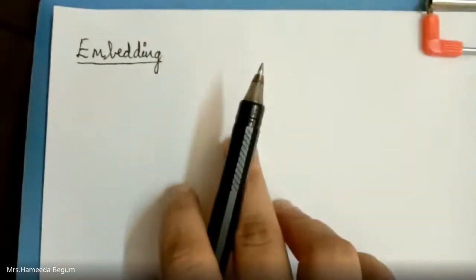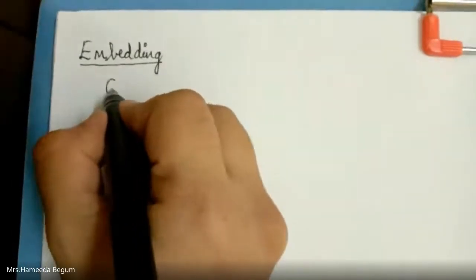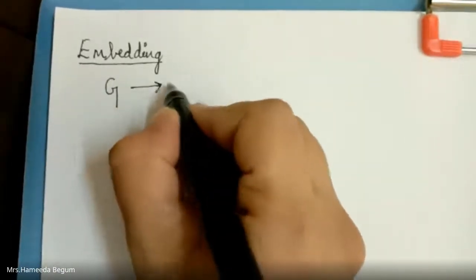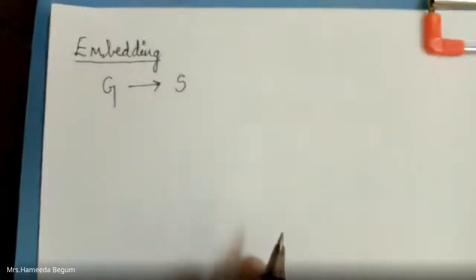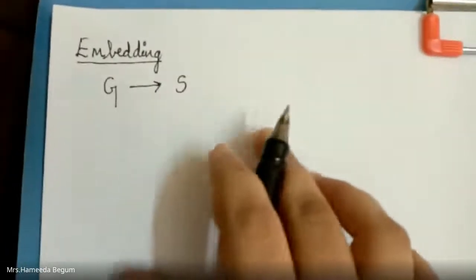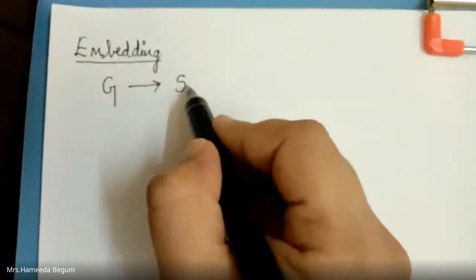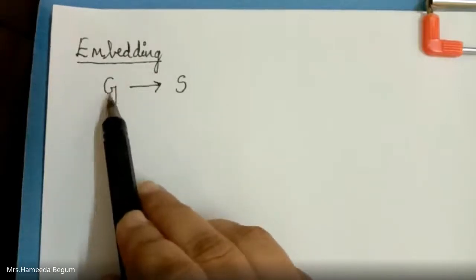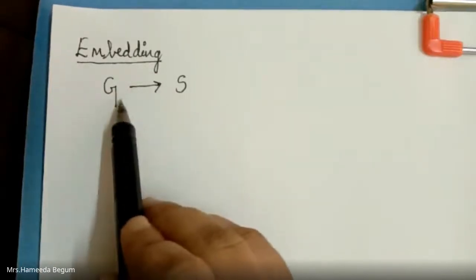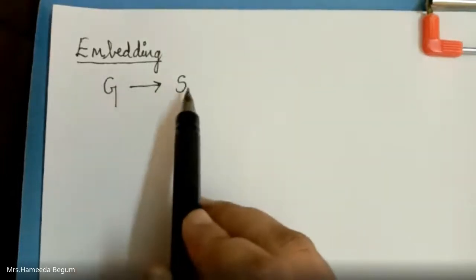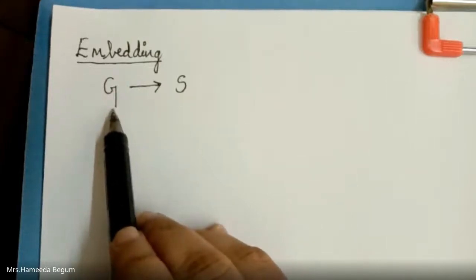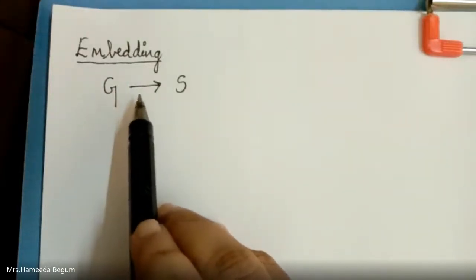A graph G is said to be embedded on a surface S. So we are considering a graph G, and we say that this graph is embedded on a surface S if it can be drawn in S. So we consider a surface S and a graph G. Now we say that G is embedded on S if we can draw G in S in such a way that the edges of G intersect only at their ends.